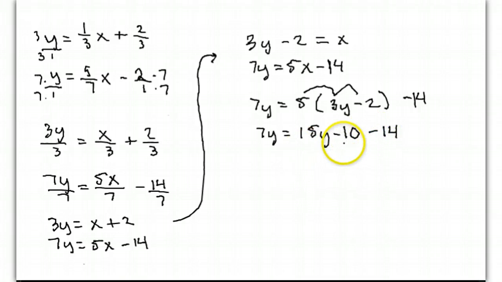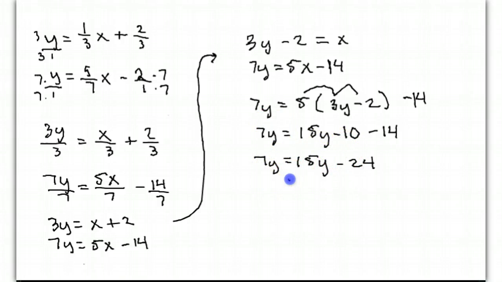Now the like terms on the right side, negative 10 and negative 14, are going to add because those are two negative numbers. So what you're going to have is 7y equal 15y minus 24. And so your goal is to try to get all your numbers on one side, all your letters on the other.